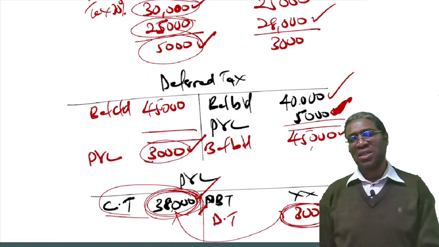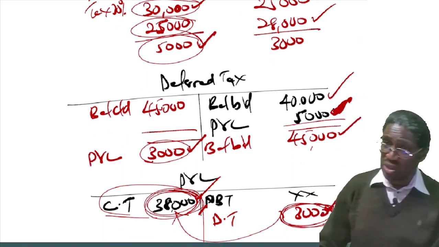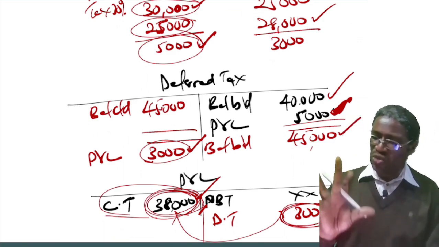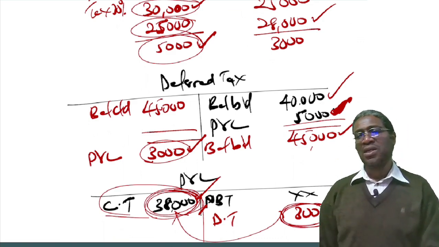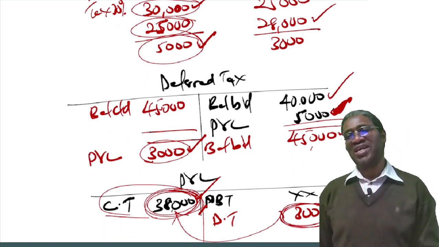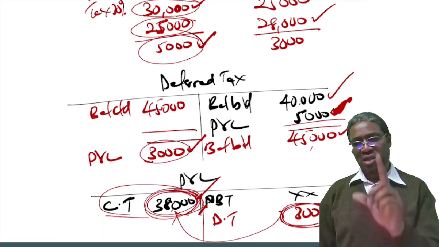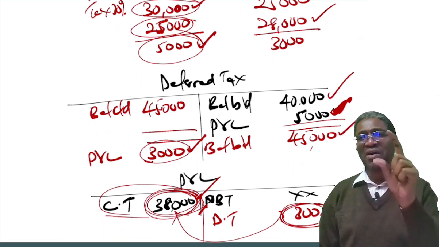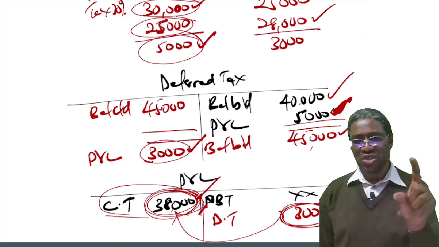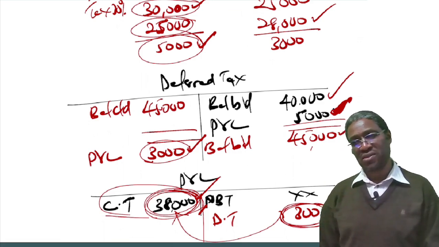Now, there are various languages that the examiner can use to try to find out whether you know whether to add or subtract. One way he might tell you is this. As an additional information, he might tell you, transfer 5,000 to the deferred tax.